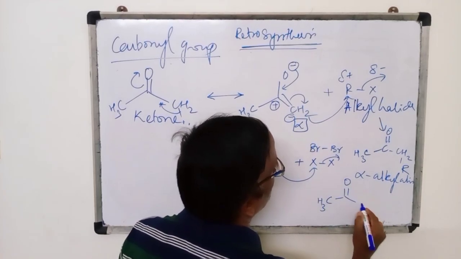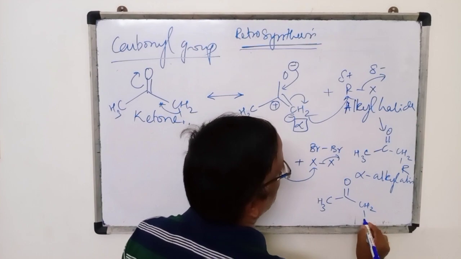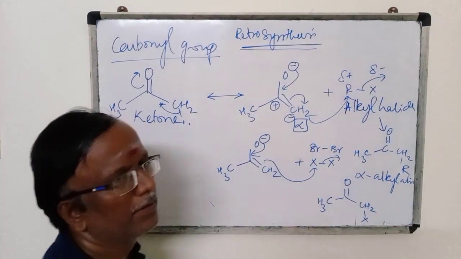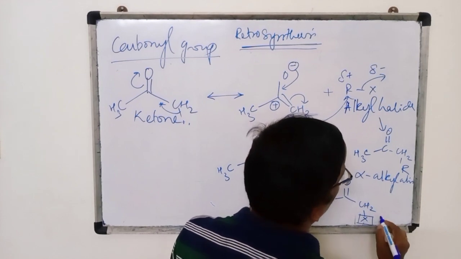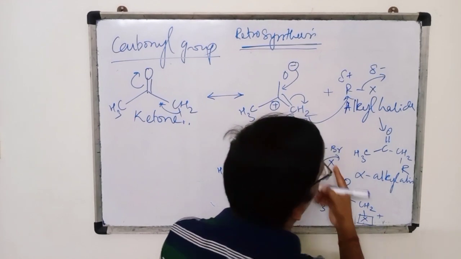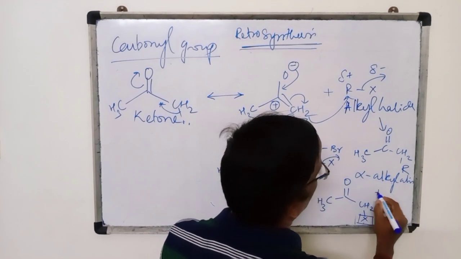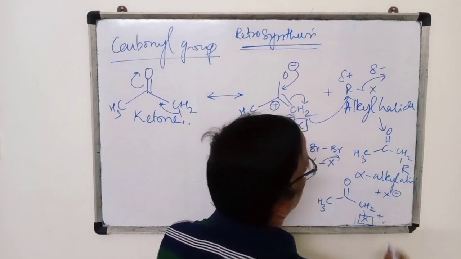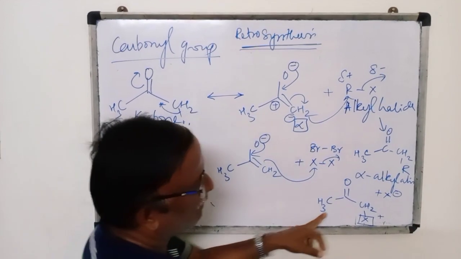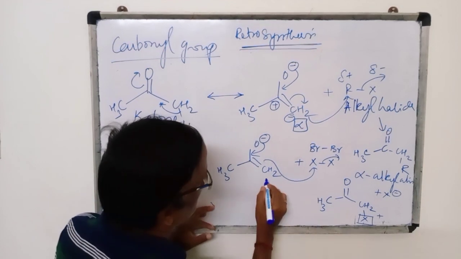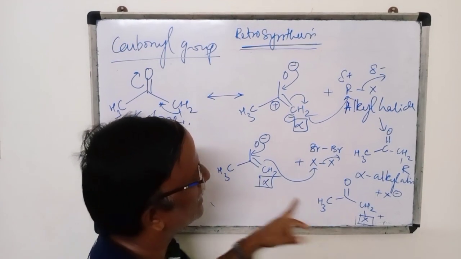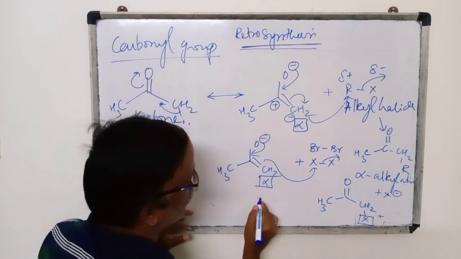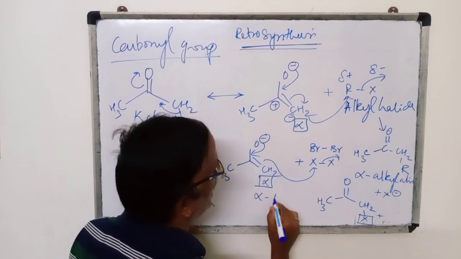This is nothing but your CH2X, where X could be any kind of halide. This halide is going to have a positive charge, and what gets eliminated? The elimination is X minus. So what kind of reaction is this? As I said, this carbon is the alpha carbon, and you are introducing an X group at this alpha carbon, so you can call it an alpha halogenation.